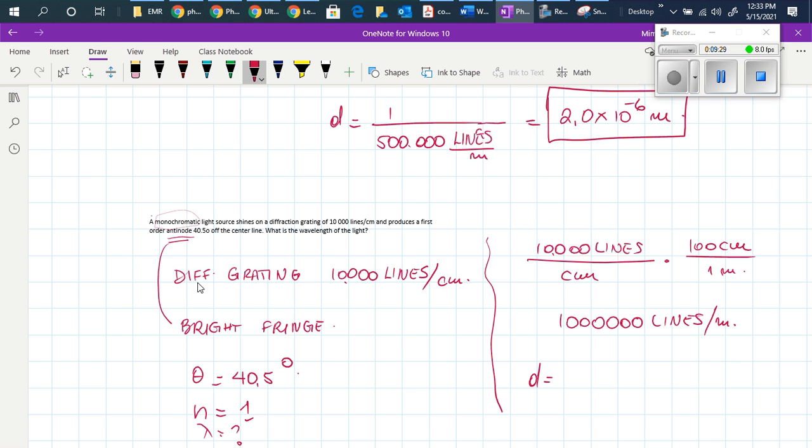And then to find d, we go 1 over the number of lines.